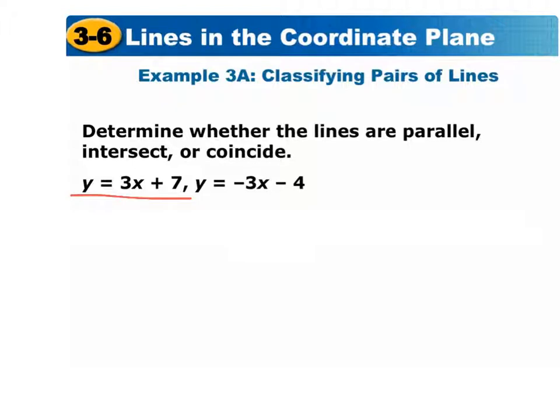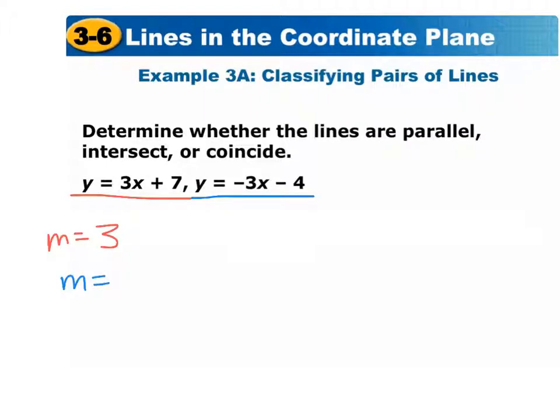So what's our slope of the first line? If this is in y is equal to mx plus b, what's our m? 3. So the slope of the first line is 3. What about the second one?